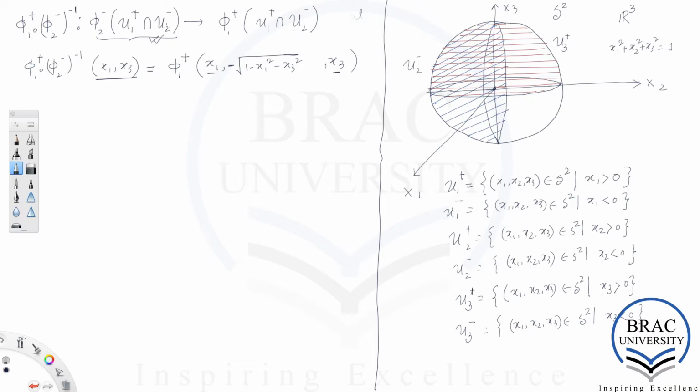Good. So now, according to the definition of phi 1 plus, I have to disregard the first coordinate. So that will project me to this pair: negative square root of 1 minus x1 square minus x3 squared, comma x3.